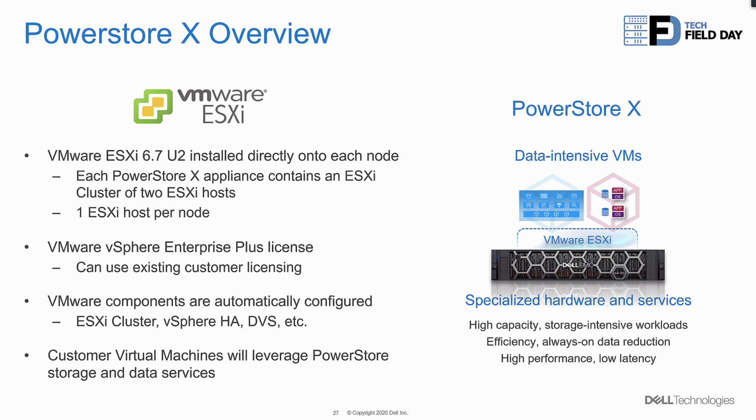That's what we're rolling out in version 1. We'll have a service pack that will come out, think of it as PowerStore Service Pack 2, for example, maybe the nomenclature is different, but it will be a service pack that will encompass 6.7 update 3, right? And then we'll align a future release that will incorporate ESXi version 7, right?